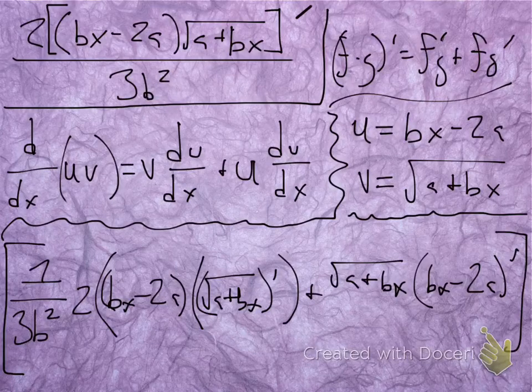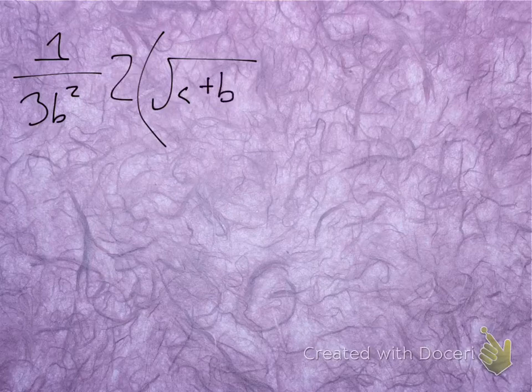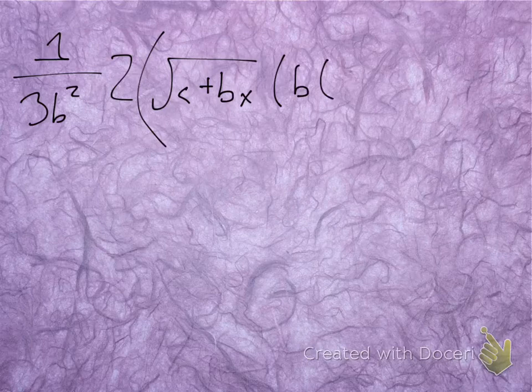So now, let me see if I can carry this over in my head. We're going to have 1 over 3b squared times 2 times, I think it was rad a plus bx, times, and then we'll be factoring out a b from this, b times x prime.